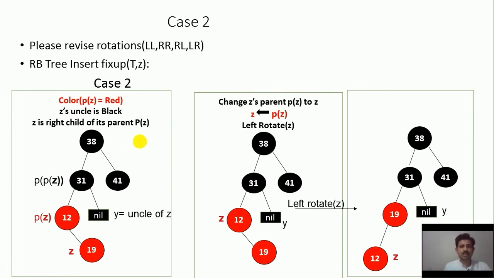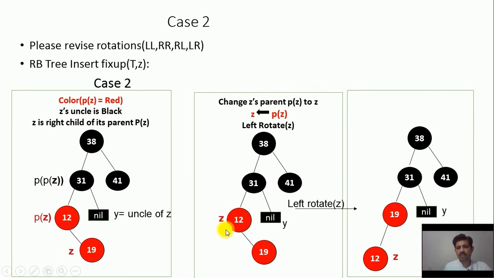The solution is to change G to G's parent, meaning we make P of G the G node. So P of G will become G, and we perform a left rotation on this node G. What is left rotation?